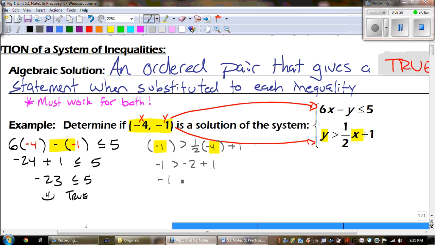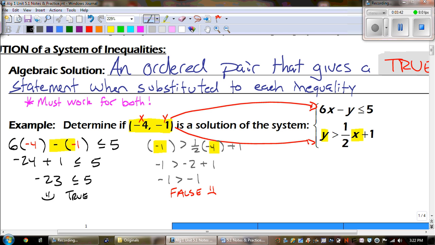-2 plus 1 is -1. So is -1 greater than -1? What do you think? That's false. Now, if it was greater than or equal to, yeah, that would have worked, but the inequality symbol is just greater than.